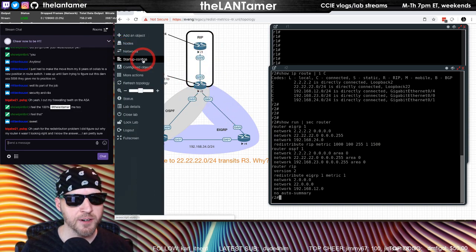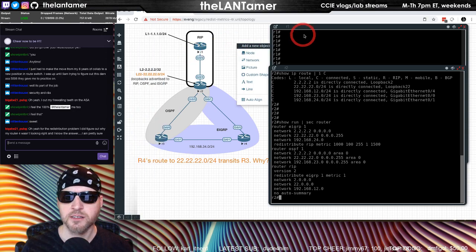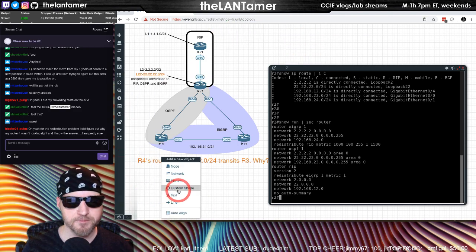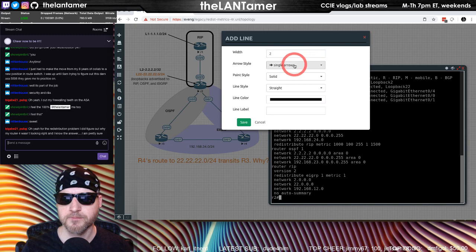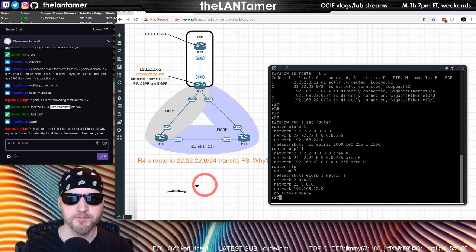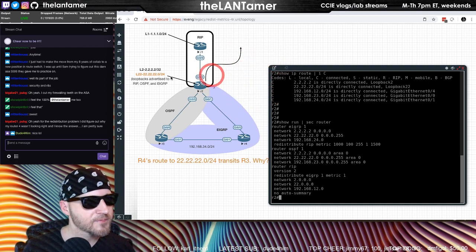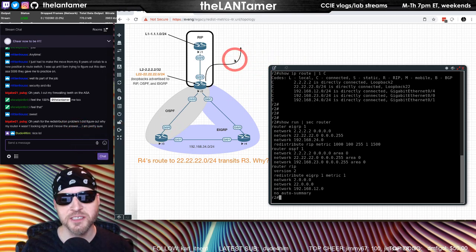So let me make a little arrow here. Let's add a little shape context. Line style Bezier, yeah, buddy. Oh, check that out. Oh, I forgot all about the Beziers. That's right. Nice, lol. Yeah, man, I love the Beziers.